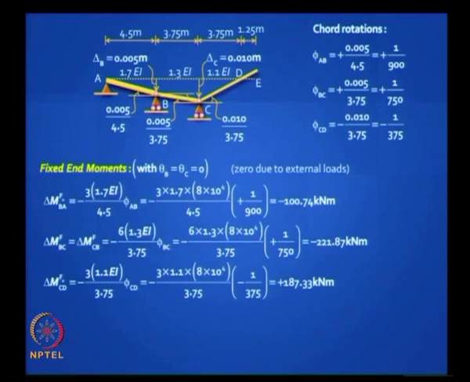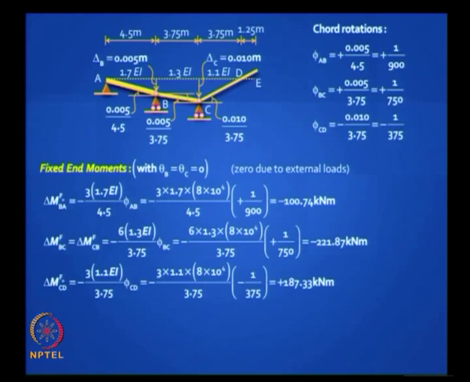In the slope deflection method you do not call them fixed end moments. They come in the slope deflection equations under chord rotation, but they are known quantities. In the moment distribution method you have to explicitly calculate these quantities, and we call them additional fixed end moments, right? And what is the next step in moment distribution method after you get the fixed end moments?